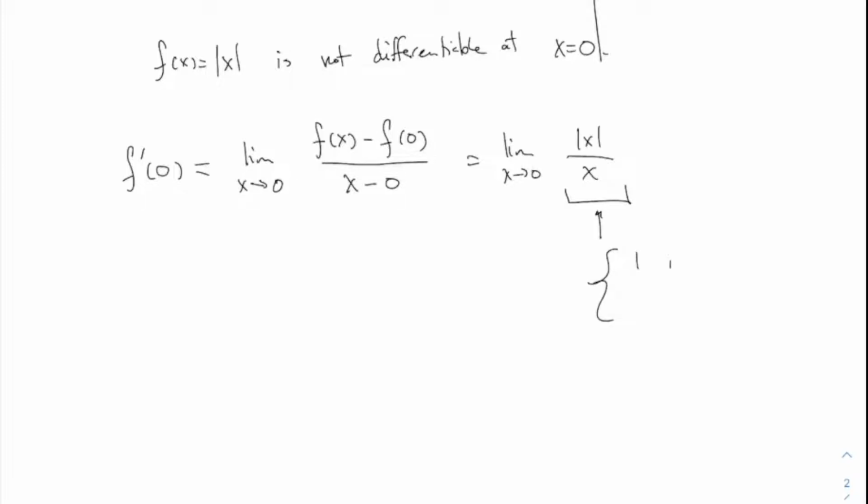It's 1 if x is greater than 0, and -1 if x is less than 0, right? That's what that part of it is. And if x equals 0, then this is not defined. But it doesn't matter because I'm taking the lim as x goes to 0, so x equaling 0 is not relevant. It's just the lim as x approaches 0. All right? Anybody think you can show that that limit does not exist?